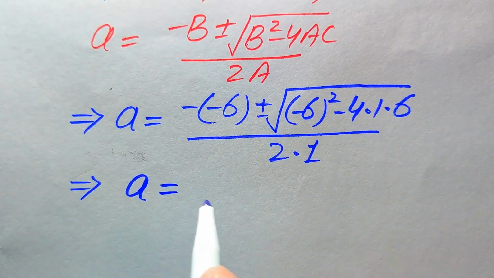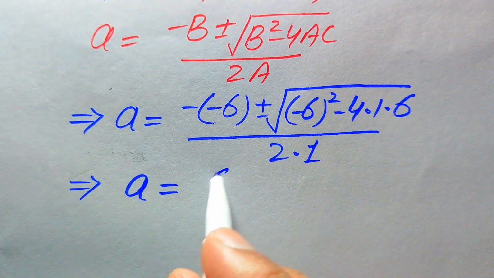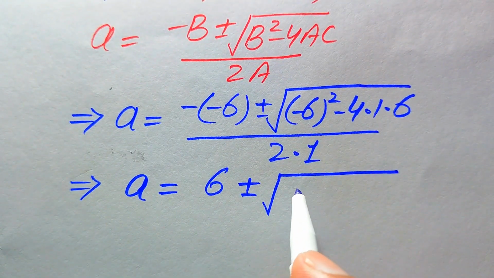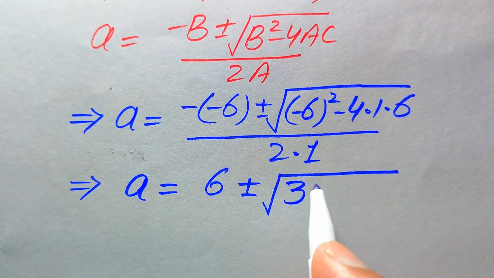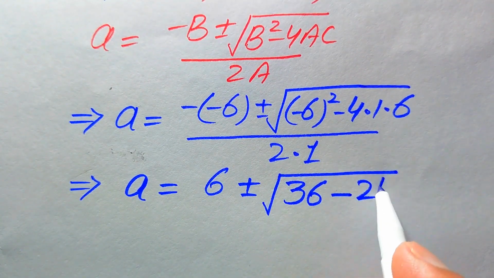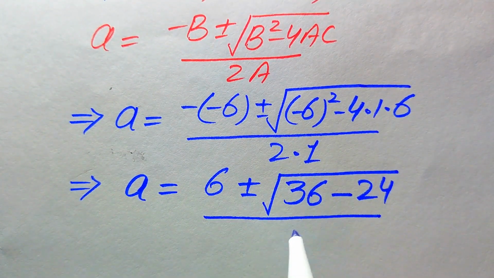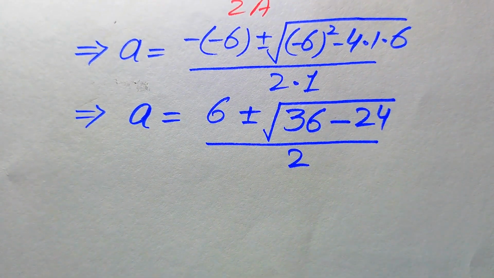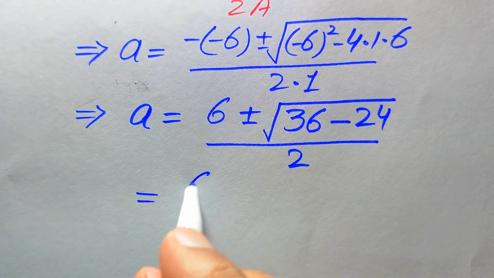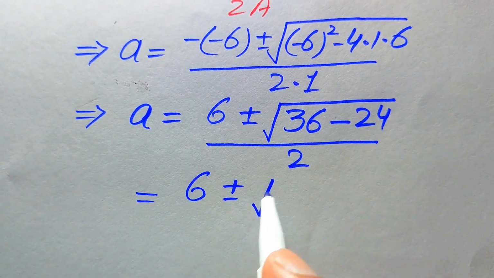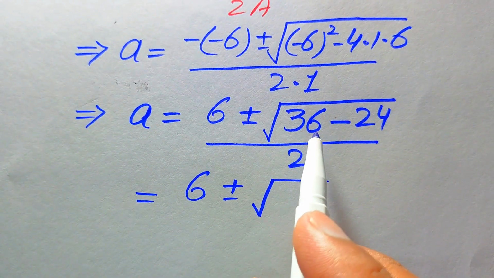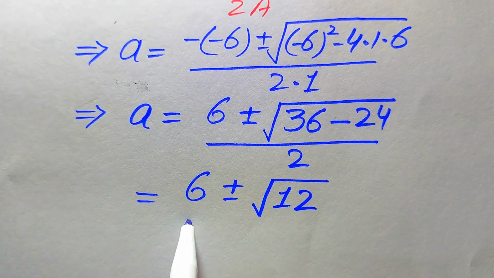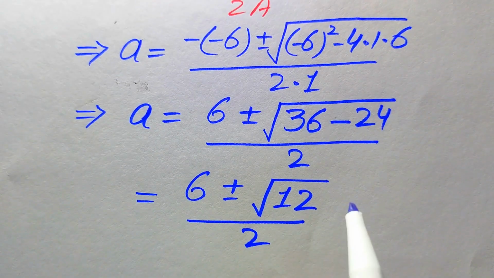And now in the next step we have a is equals to, minus times minus becomes plus 6 plus minus square root of minus 6 square becomes 36 minus 4 times of 6 becomes 24, and it is divided by 2 times of 1 is equals to 2. And now further in the next step we have 6 plus minus. Here we need to subtract these two values, and we get 6 minus 4 becomes 2 and 3 minus 2 becomes 1, and it is divided by 2.